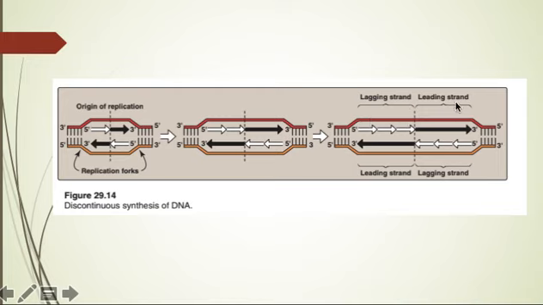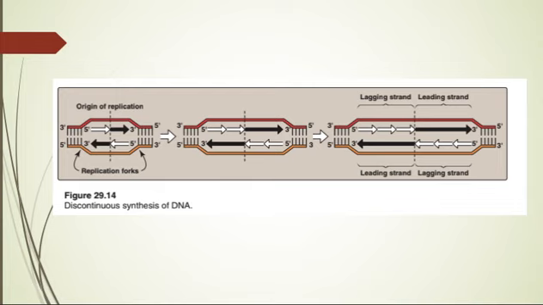The leading strand is continuous, from the 5' end to the 3' end. It moves towards the replication fork, whereas the lagging strand, that is discontinuous, goes away from the replication fork. So this is the origin, the leading strand and the lagging strand.